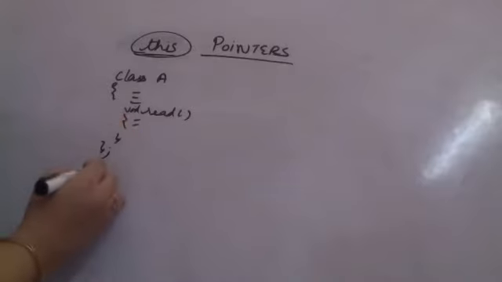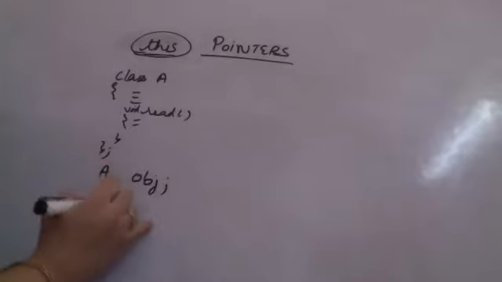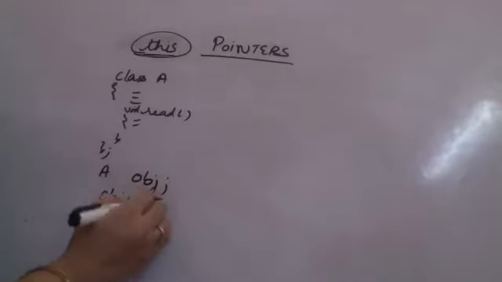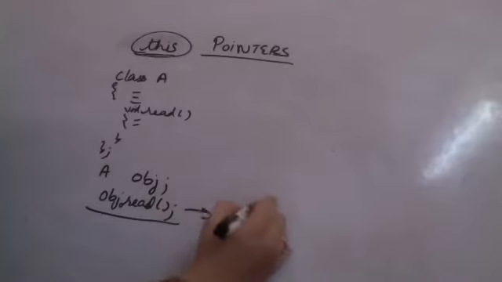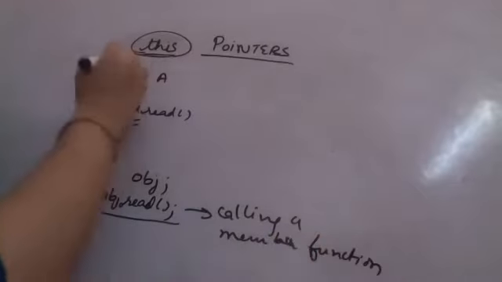Now whenever I create an object of class A and call object dot read, I am calling a member function of the class. Whenever I call this member function, what is the this pointer?